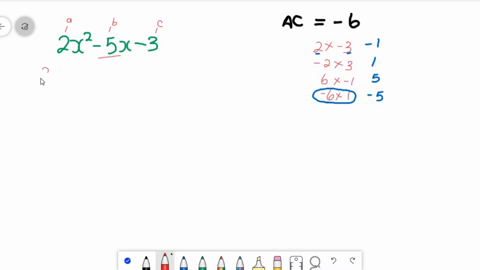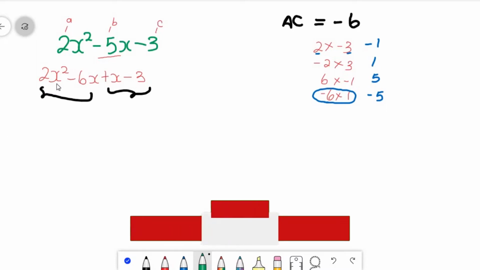So 2x squared minus 6x plus x minus 3. So from here, we could go ahead and group them. We're going to group these two first and factorize them, and then we're going to factorize these two next.